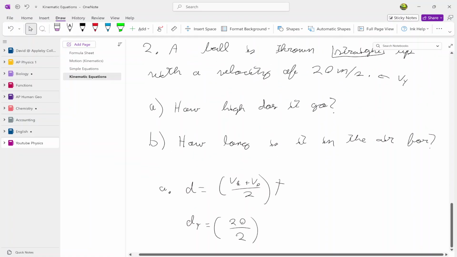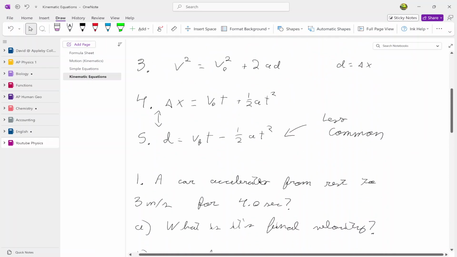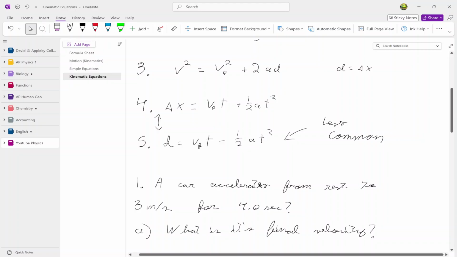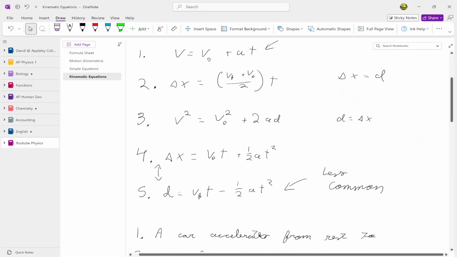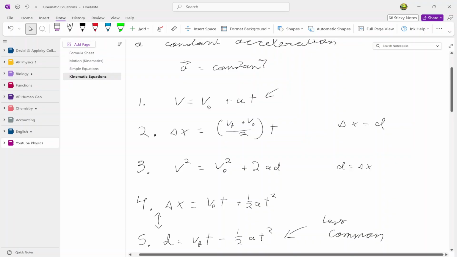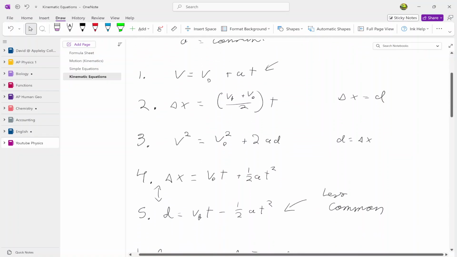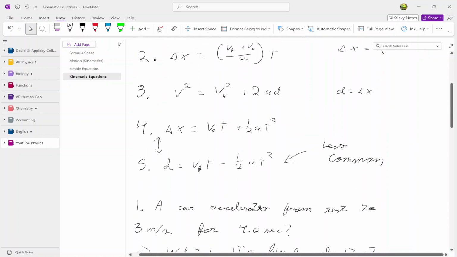Oh, we need one without t. Oopsies. So that's a roadblock. Acceleration, we need time. Do we have to find time? How did I solve this problem? V final, time.